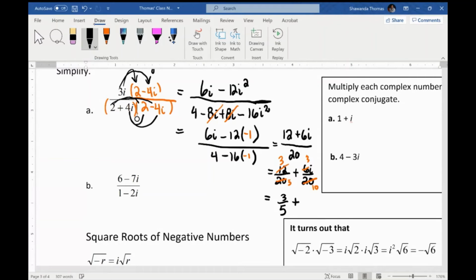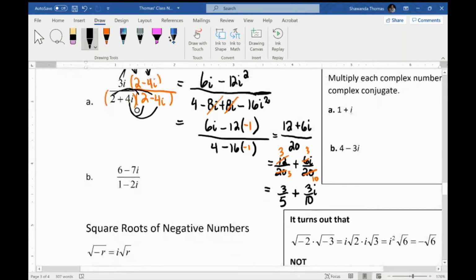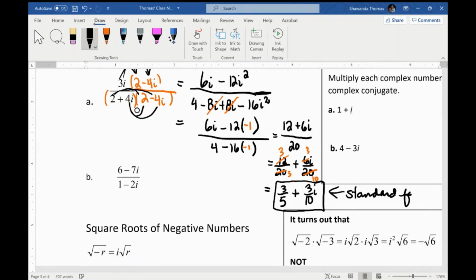So we have 3 over 10. You can put the i to the side of it, or put 3i over 10, it means the same thing. This is called the standard form, where it's split up, and for the most part we'll try to write our answer like that.